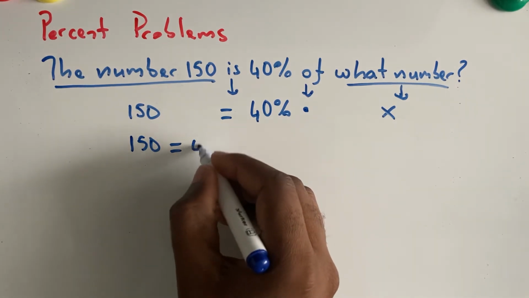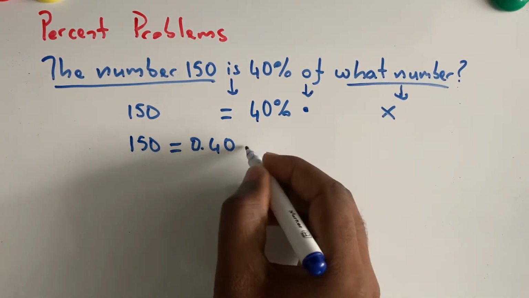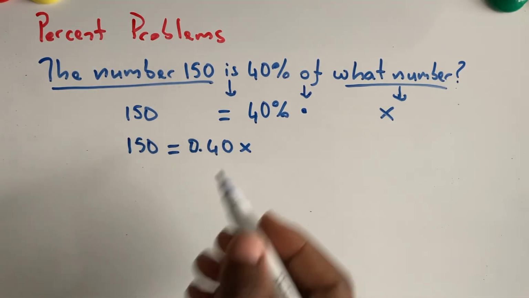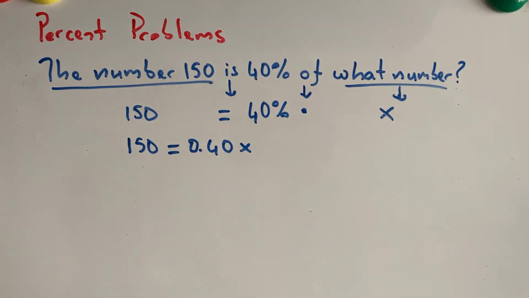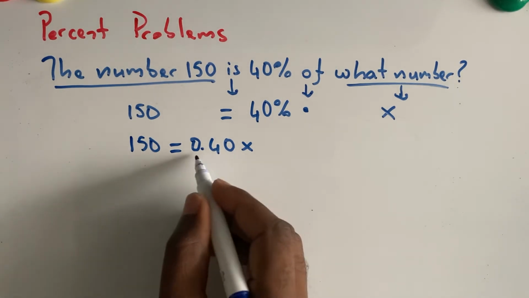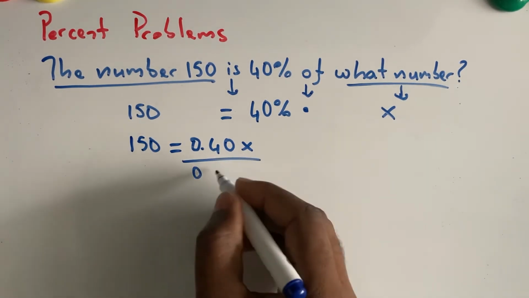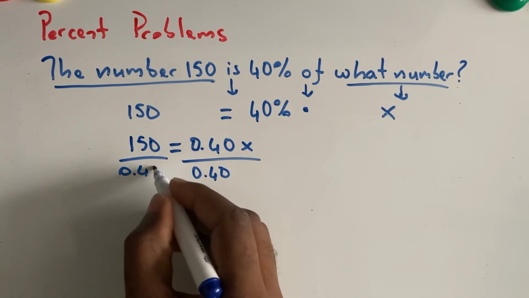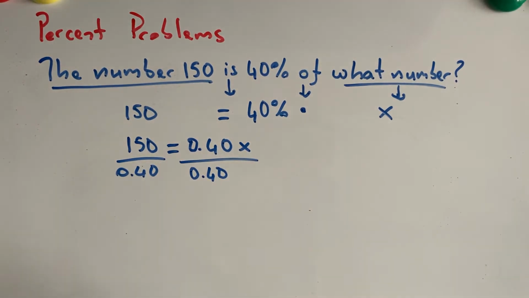That's 0.40x, right? Because 40 divided by 100 is just 0.40, then times x. Now, obviously, it will be very easy for you to get x because you can just divide both sides by 0.40 to get the actual number you need, okay?